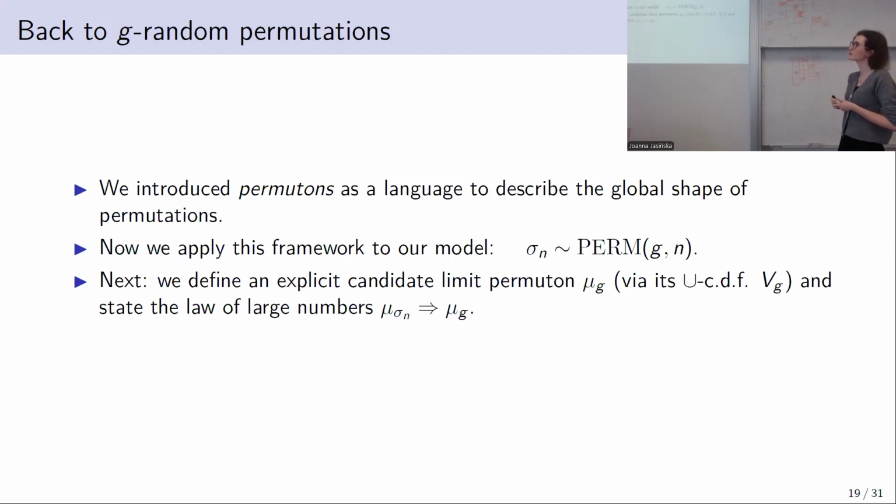Now we introduced permutons as a language to describe the global shape of permutations, and we want to apply this framework to our model. The way we do it is that we guessed, let's say, we recognized what should be the limit, and then we proved the convergence to this limit.